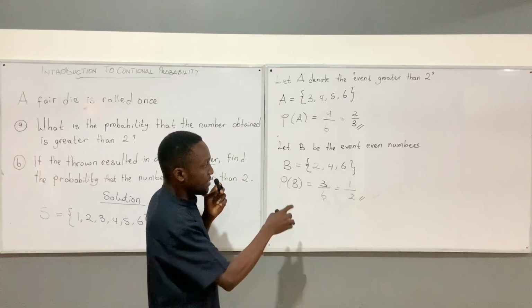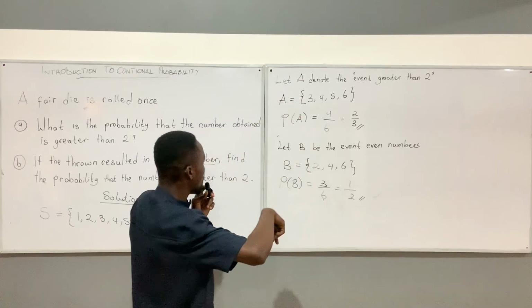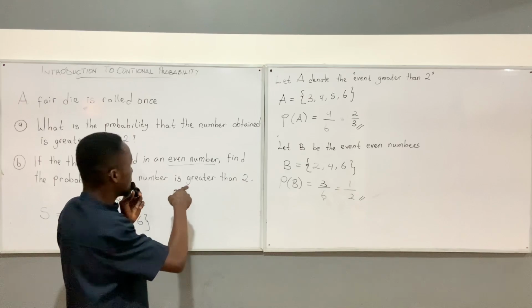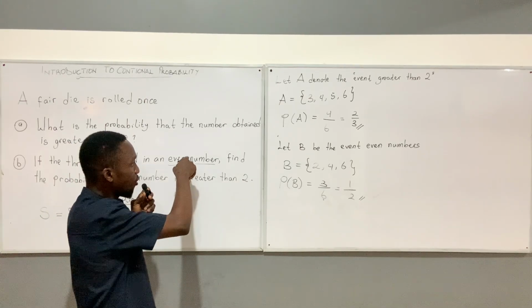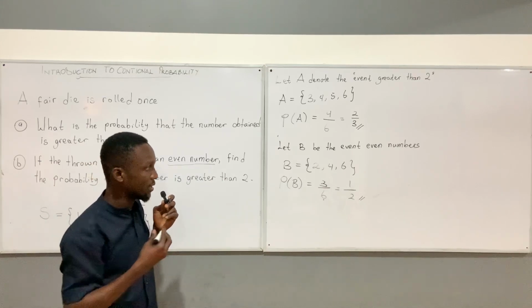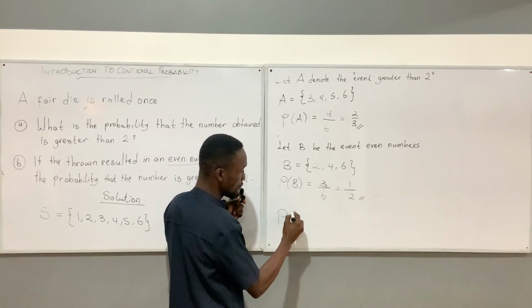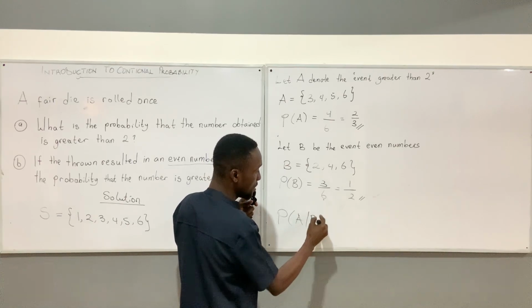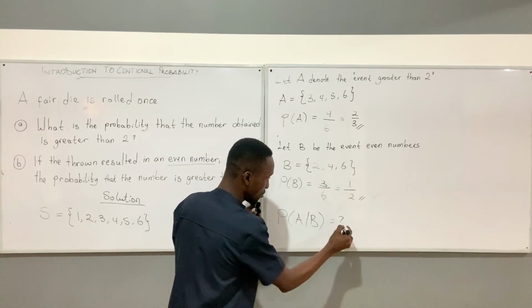This means that the event B has already occurred. What is the probability of finding the number greater than 2 if the event B, or even numbers, has already occurred? So now they are telling us to look for the probability of A as B has already occurred. Okay, so this is what we are looking for.